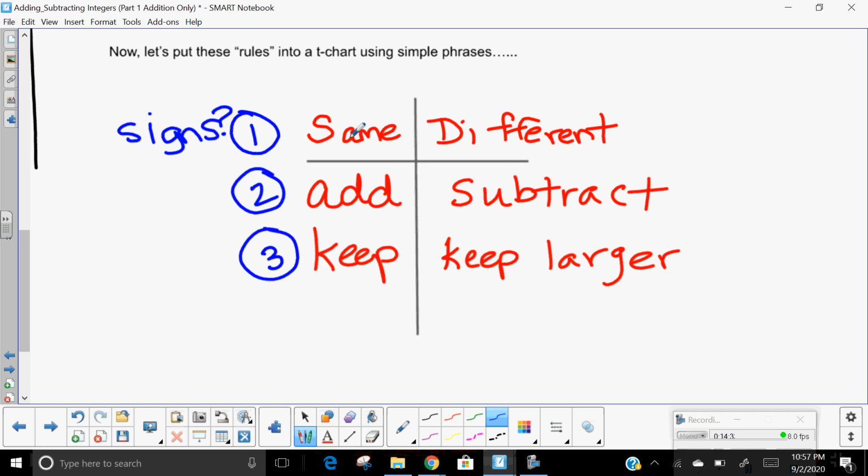Then, depending upon what the signs of the numbers are, you're going to come down here and it's going to tell you what operation you're going to use to calculate your answer. So you're either going to add or you're going to subtract. If they have the same signs, we're going to add. If they're different signs, we're going to subtract. And then step number 3 tells us how to find the sign of the final answer.